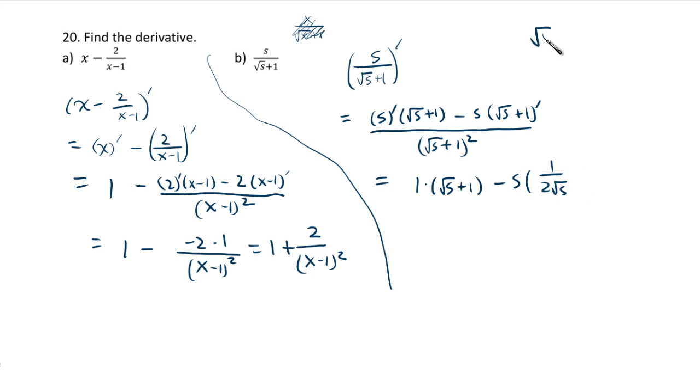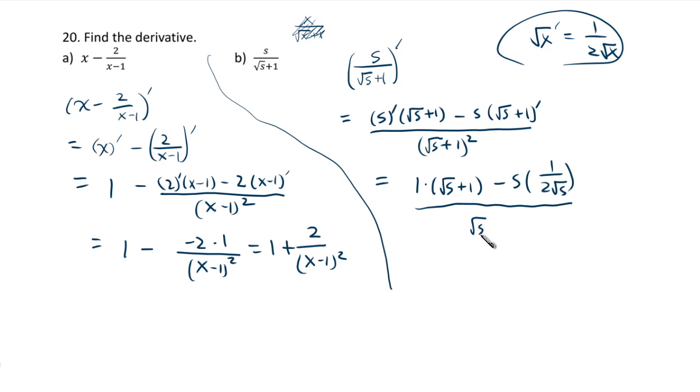I ask people to memorize this. Very handy. And then 1 differentiates to 0. And then you have square root of s plus 1 squared. Now in the practice sheet I said you don't have to simplify, so you can just leave it like this. As long as you've handled all the derivatives, I don't see any primes here, right? So that's done. That's the answer.